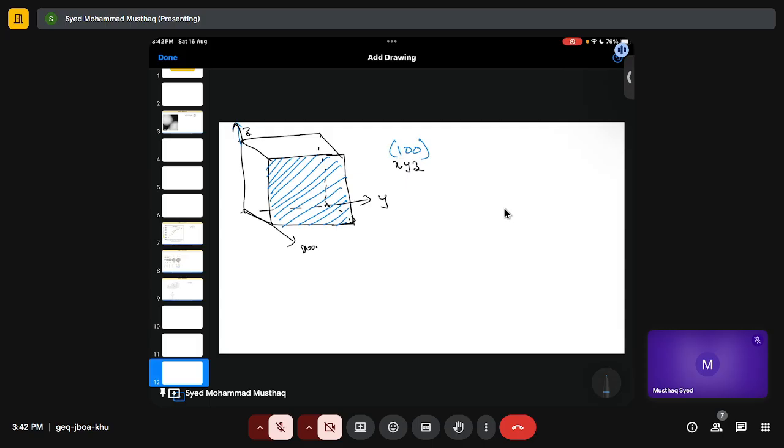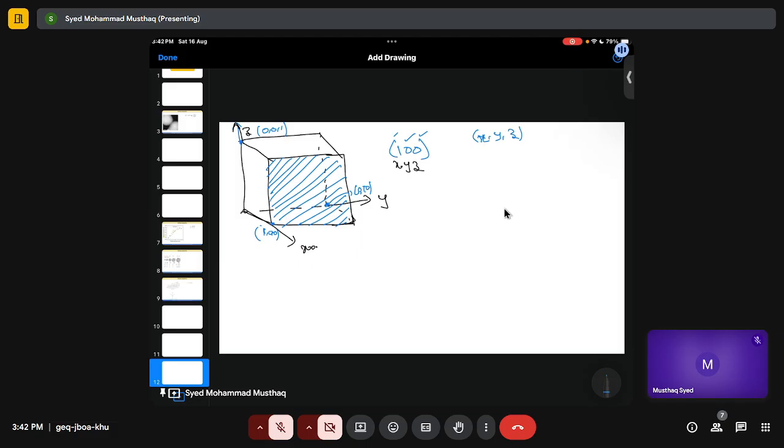This plane is neither touching y nor z, it's only touching my x-axis, so it is touching at 1. These points are 1, 0, 0, this point is 0, 1, 0, and this point is 0, 0, 1. That's how we represent coordinate axes in 3 dimensions, x comma y comma z. Because it is not touching any other axis, we just take it as 1, 0, 0.